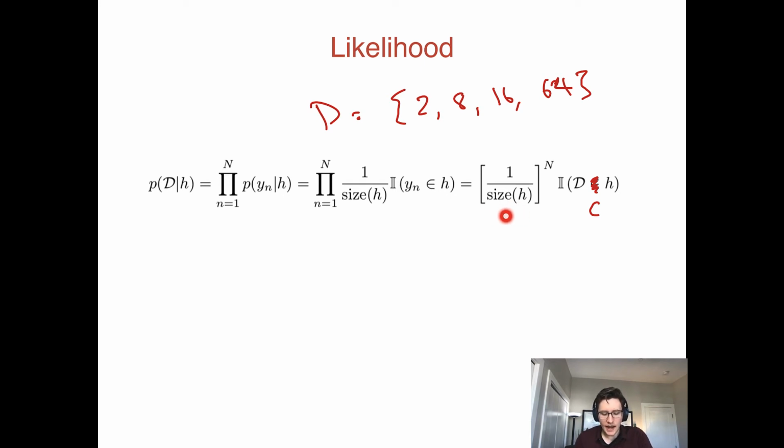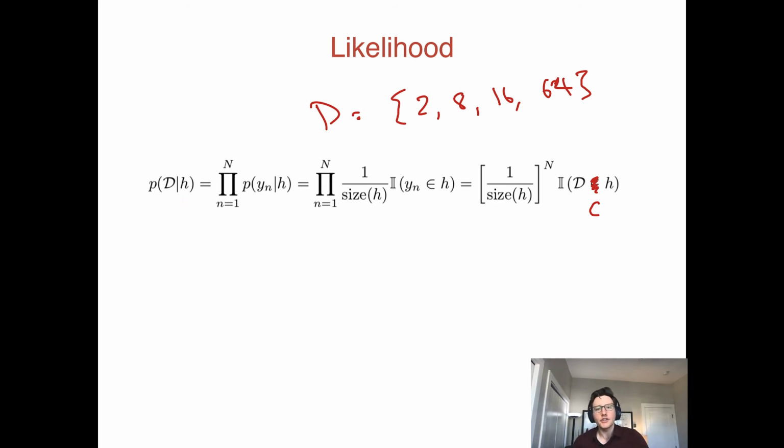So the size of h is going to be larger for the even numbers, meaning this probability is going to be smaller. And both of them are going to have 1 here. So the likelihood of the even numbers given our hypothesis is going to be lower than the likelihood of the powers of 2 given our hypothesis.